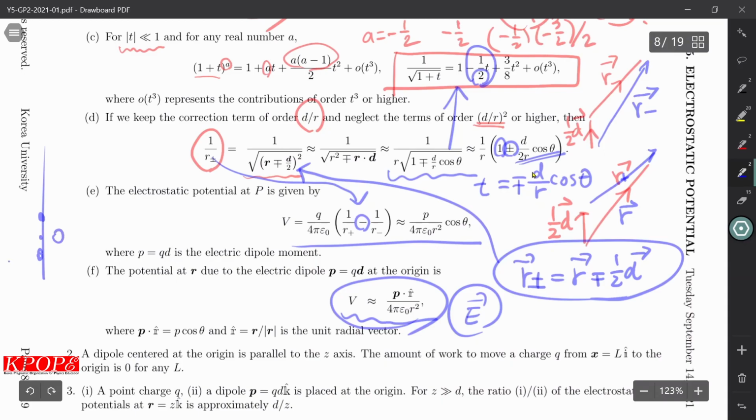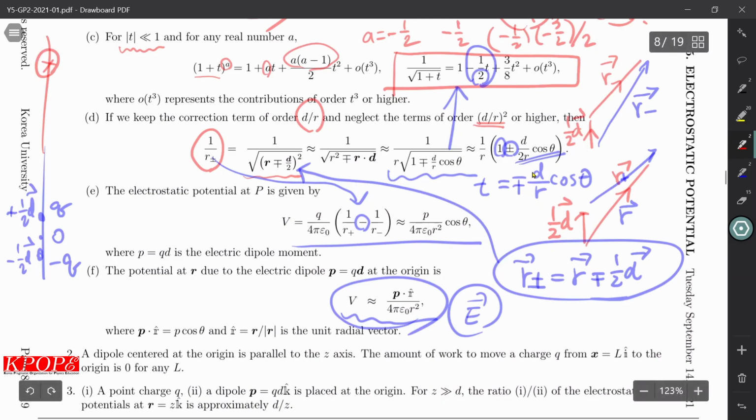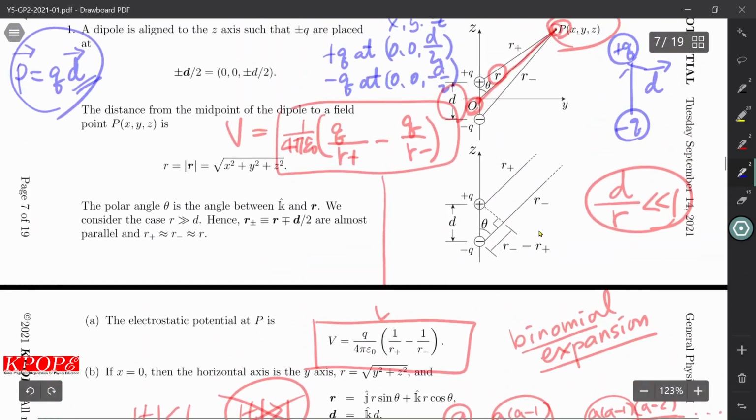So origin, minus 1/2 of d, plus 1/2 of d, charge q, charge minus q, and we computed the electric field along the z-axis. But this expression is quite simple. We can compute the electric field everywhere, because we have the field point for any x, y, and z.